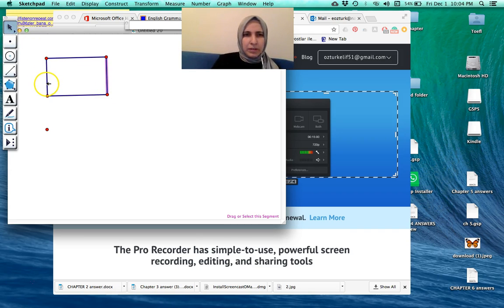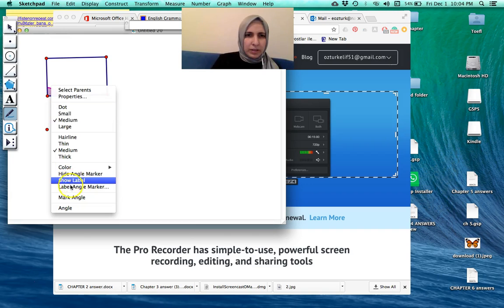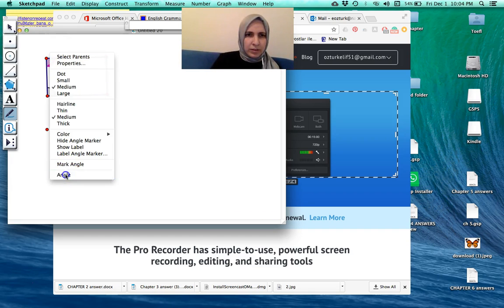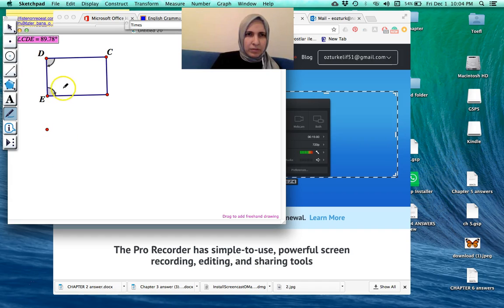It's a perpendicular. How can I understand it? Let's find the angle. Yes, that's a right angle. No, it's not. Why?